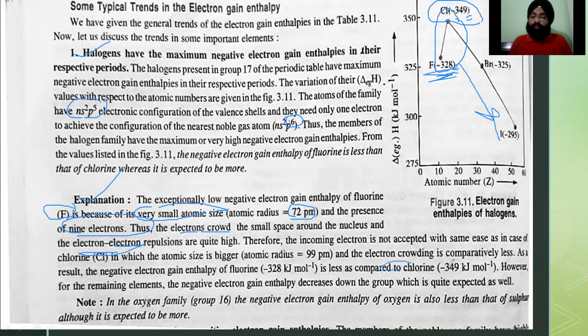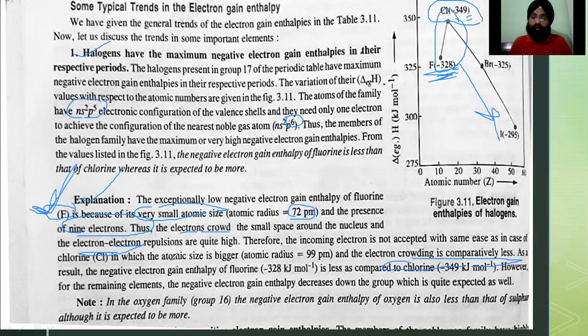So ultimately chlorine's electron gain enthalpy becomes more negative than fluorine's. The reason is the extraordinarily small size of the fluorine atom, which results in electron-electron repulsions between the electrons of the fluorine, and it also gives repulsion to the incoming electron.